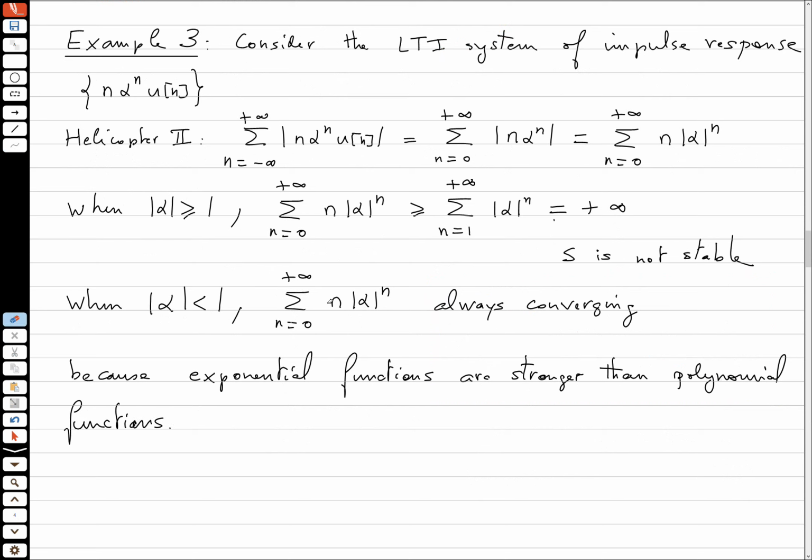Even if I put n squared, n cubed, a polynomial, the exponential is still stronger. So this is always converging, right?